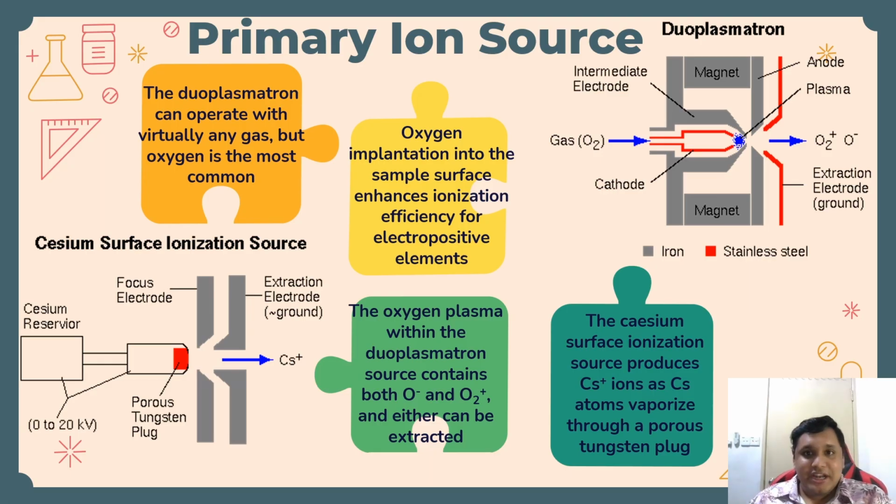Hi everyone, I'm Darhshernn and I will begin the working principles section by discussing the primary ion sources. Typical SIMS instruments use either a duoplasmatron or a surface ionization primary ion source or both. Basically, it's user selected. The duoplasmatron increases the yield of electropositive elements while the cesium surface ionization source enhances the yield of electronegative elements.